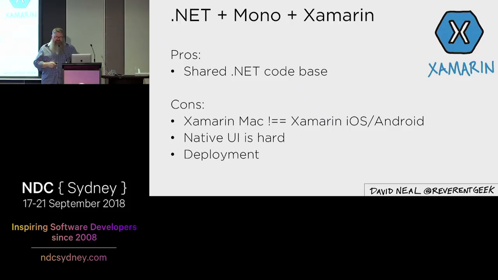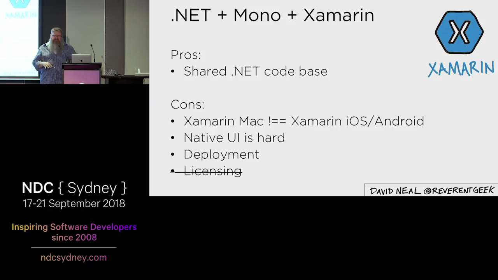Deployment was also not trivial. On Windows, you've got the advantage of having the .NET framework that you can deploy your apps to, but on Mac and Linux, having to distribute Mono or to have Mono built for those other platforms is not an easy thing to do.